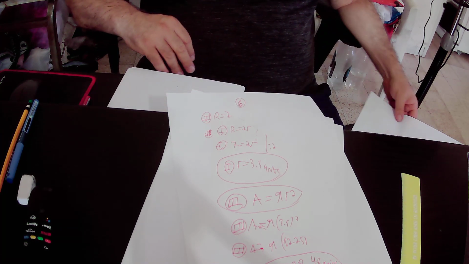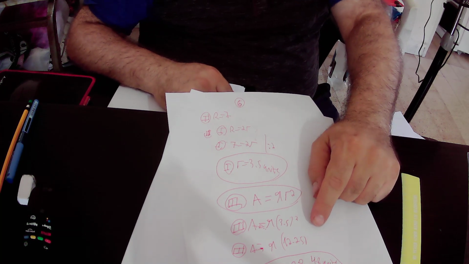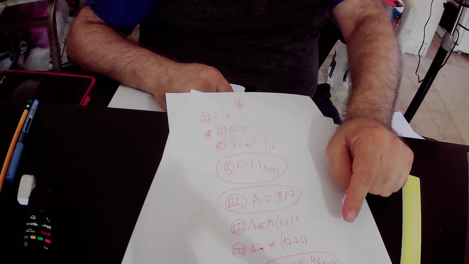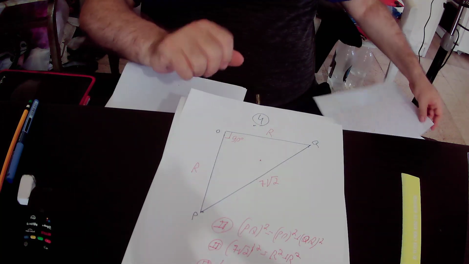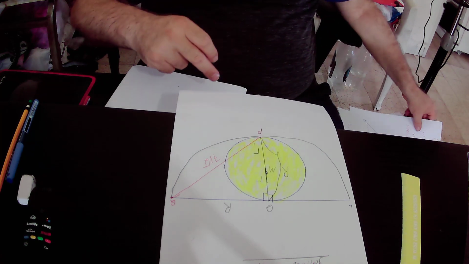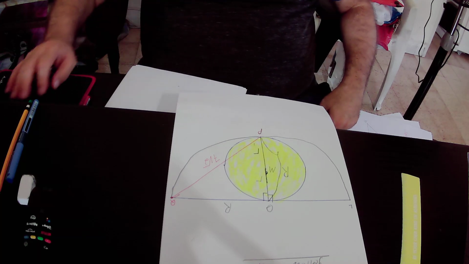We got that A equals pi times 12.25, because 3.5 square equals 12.25. The area of the yellow circle equals 38.48 square units. Okay, so the area of this yellow circle equals 38.48 square units. Okay, thank you very much.